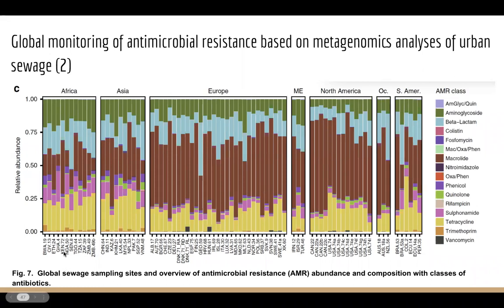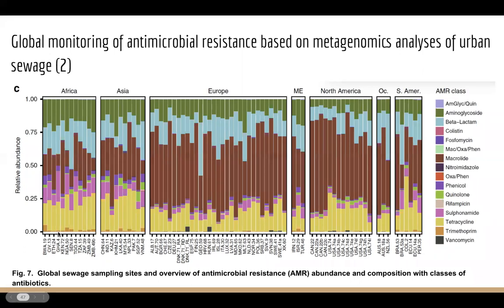When it comes to Africa, you can see some differences, especially in Ghana. I'm in Ghana, so let me talk more about Ghana. In Ghana, you can see that in the environment, you find tetracycline. So the trend that we saw on tetracycline is also getting into the environment. You have a lot of tetracycline in sewage water in Ghana.